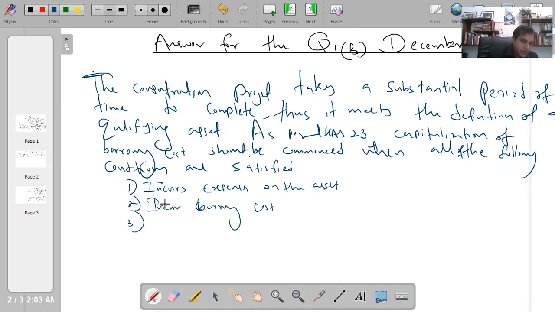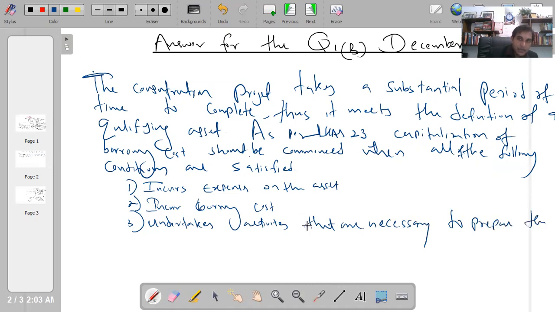Third one, undertakes activities that are necessary to prepare the asset for its intended use or sale.